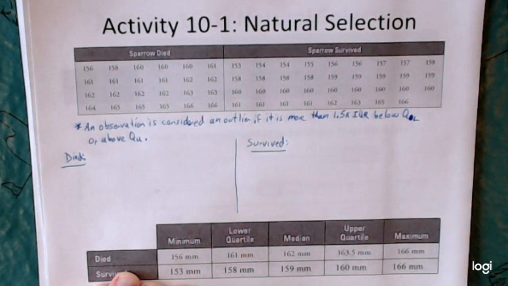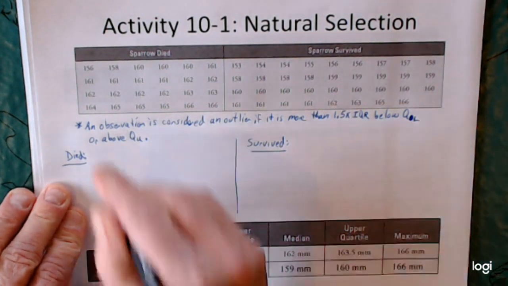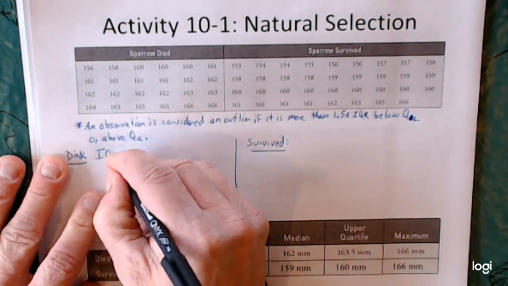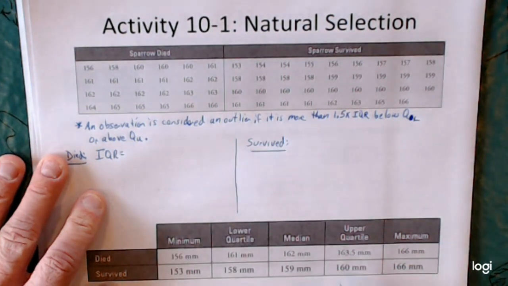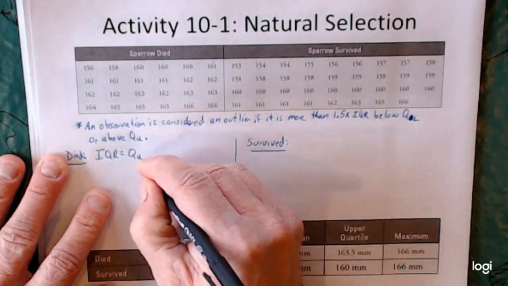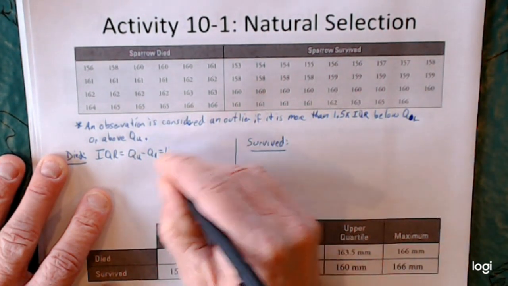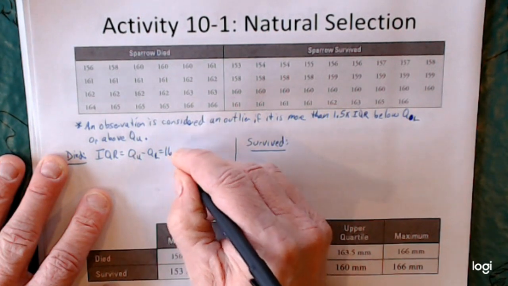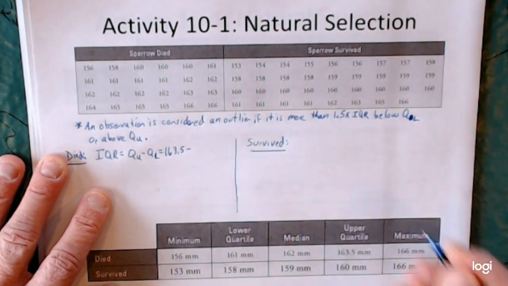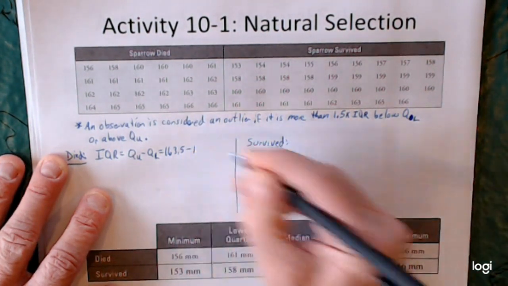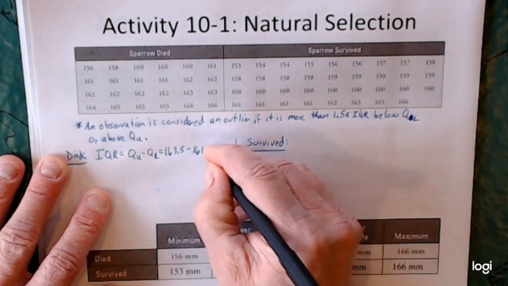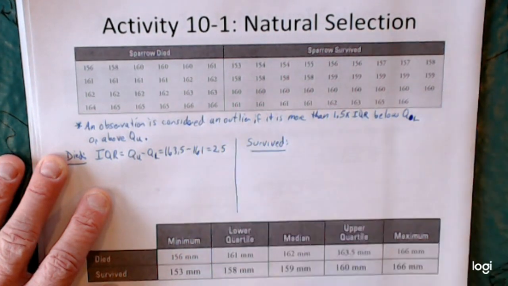The first thing we have to do is find the IQR of the sparrows that died. The IQR is the upper quartile minus the lower quartile. So that's 163.5 minus 161, or 2.5 millimeters.